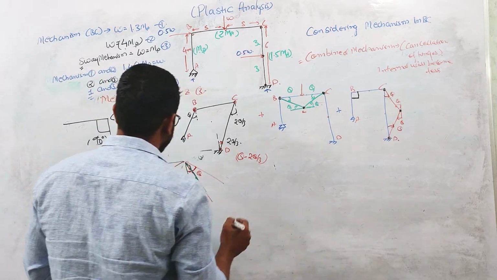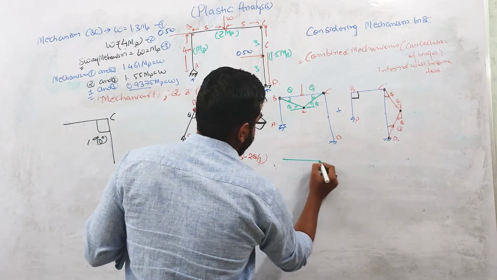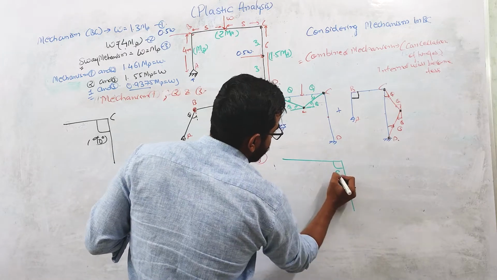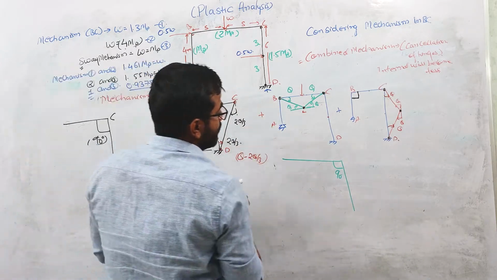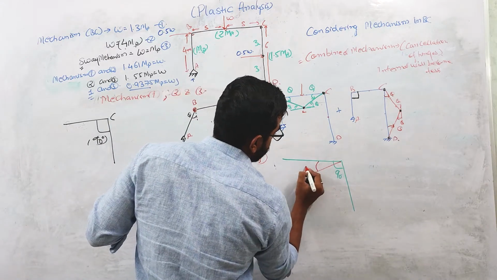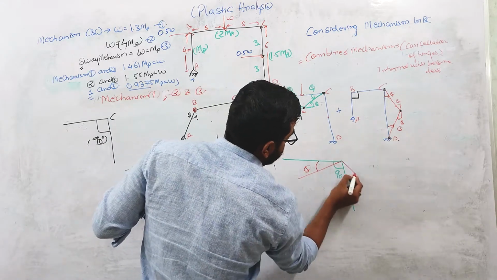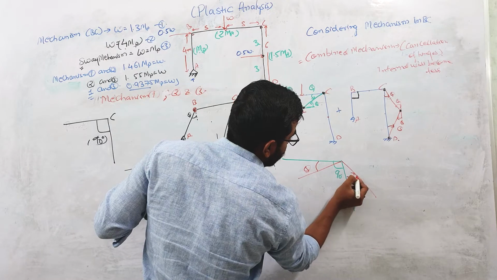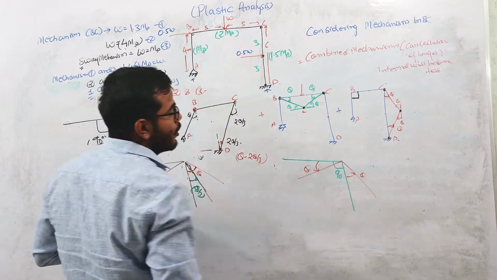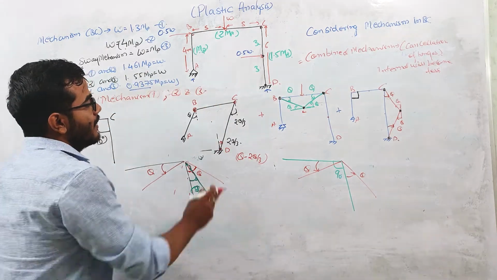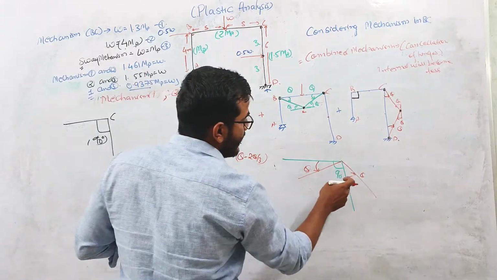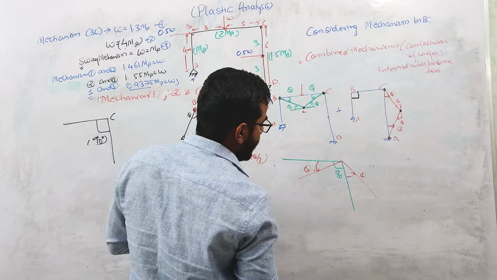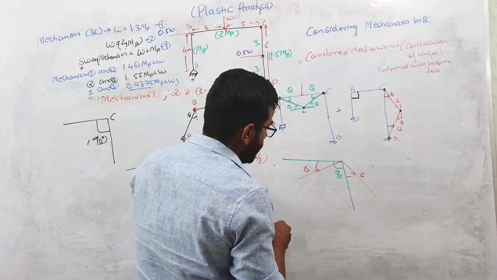Once again, because this is a very important concept: initially the angle between the members is 90 degrees. In the beam mechanism this portion is rotated by theta amount, in the anticlockwise direction. Here you can see that there is a clockwise rotation in this vertical member, so this vertical member should come down by 2 theta by 3 amount.